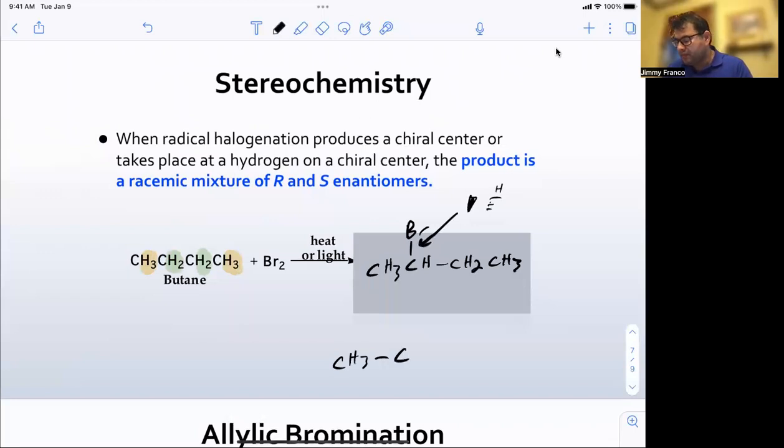Now, we have this molecule, right? And we can draw this product, or we could have gotten the exact opposite, the stereoisomer where the bromine is wedged. So I'm going to squeeze it in there.